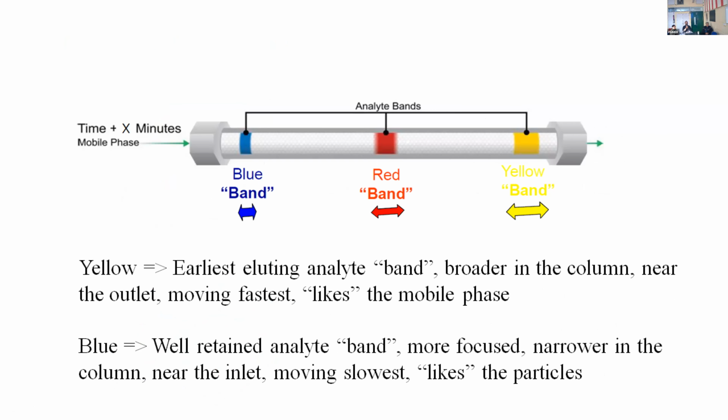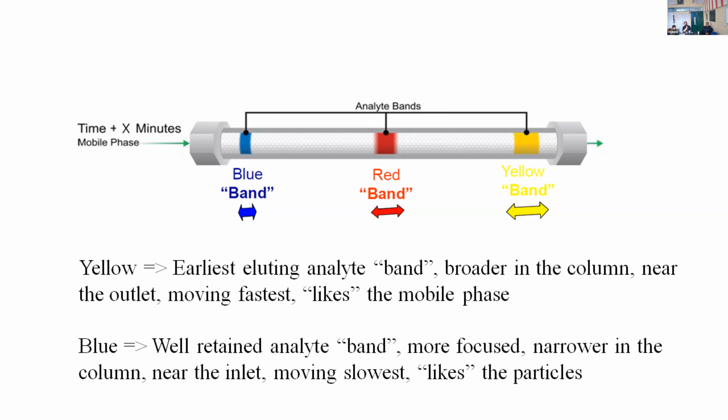Now we will understand with an example how the interaction of stationary phase and mobile phase makes the separation. In this case, there are three compounds: yellow, red, and blue. The yellow one has more affinity with the mobile phase and less affinity with the stationary phase, so it is moving fast and will elute first from the column.